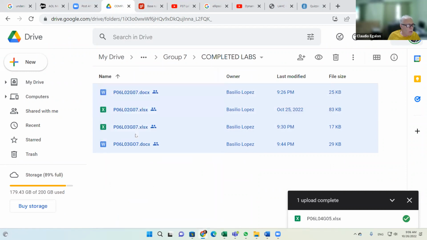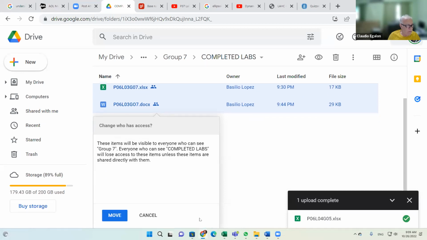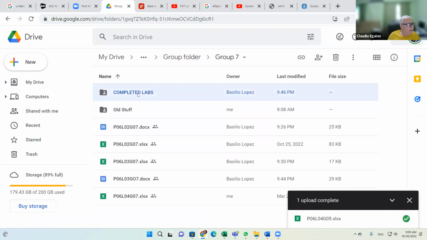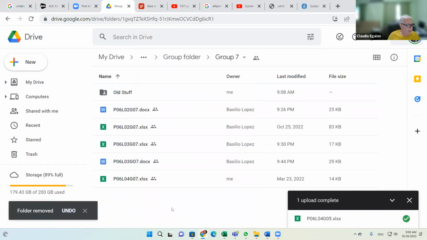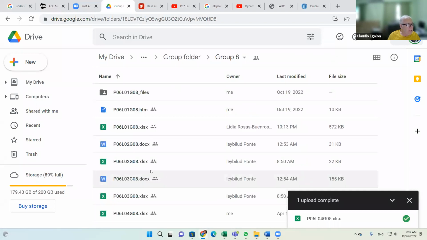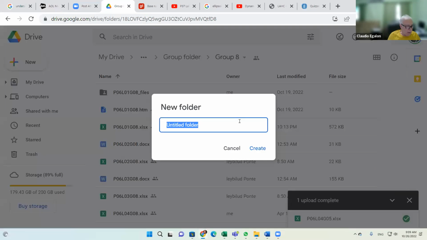Move here. Okay, and now I don't need the completed lab folder anymore. 2 and 3, that's good. Group 7 managed to do that. And group 8. Let's see, I'm going to create an old stuff folder.